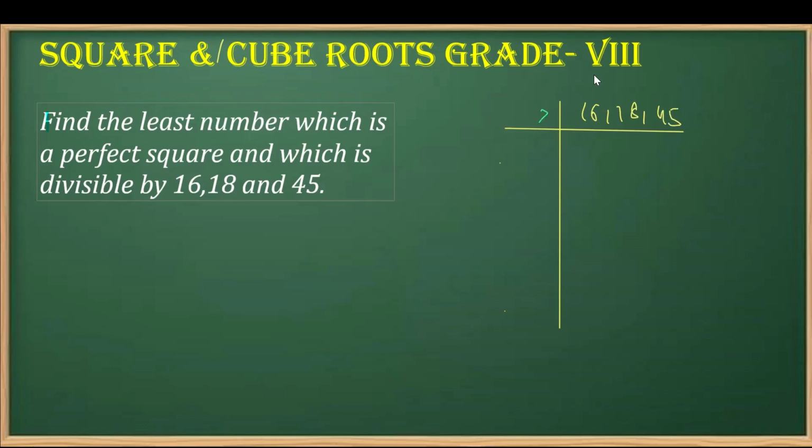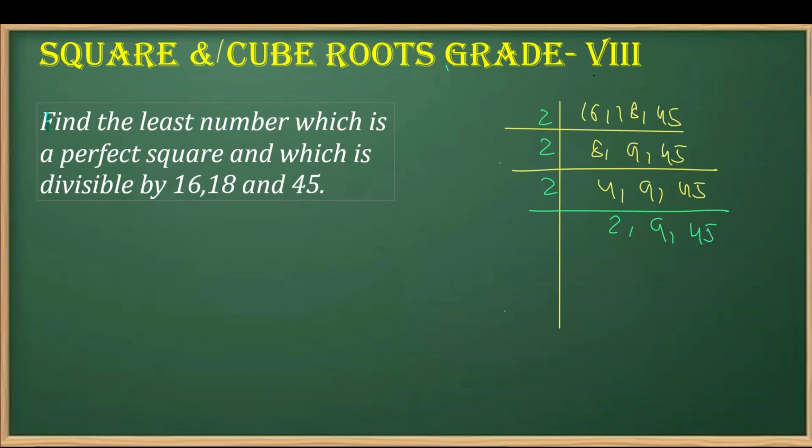I'll go by 2 first. So 16 becomes 8, 18 becomes 9, and 45 is not divisible. Continuing to divide by 2, it will give you 4, 9 is not divisible, 45 is also not. Continuing with 2 only, this is 2, 9 is again not divisible, 45 stays as it is.